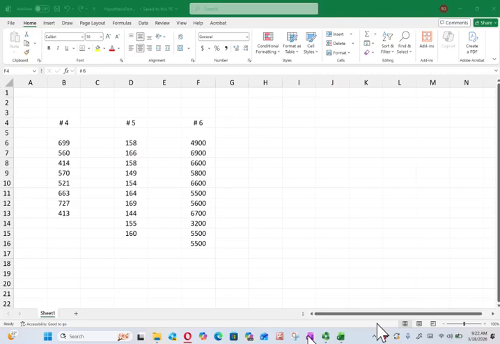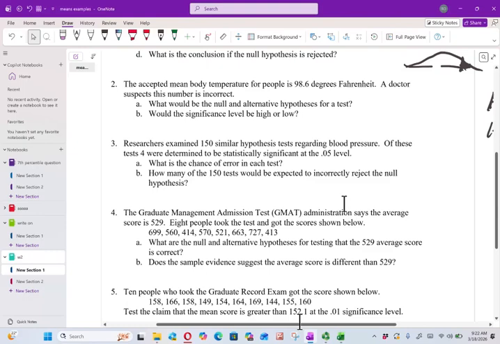Researchers examined 150 similar hypothesis tests on blood pressure. All of these tests were conducted at the 0.05 level. What's the chance that I got 4 results that were wrong? I rejected the null hypothesis in 4 of these experiments.